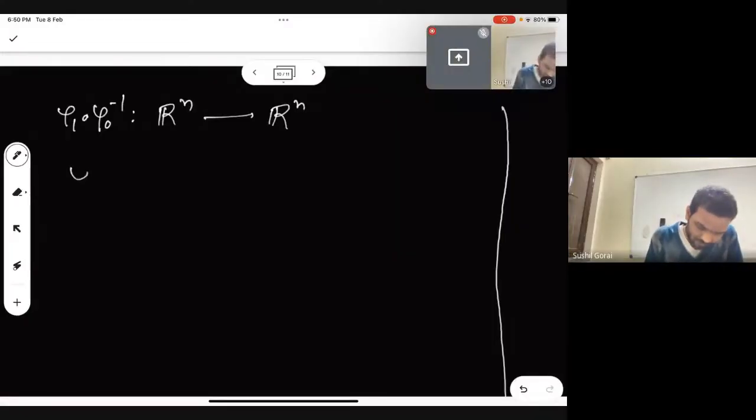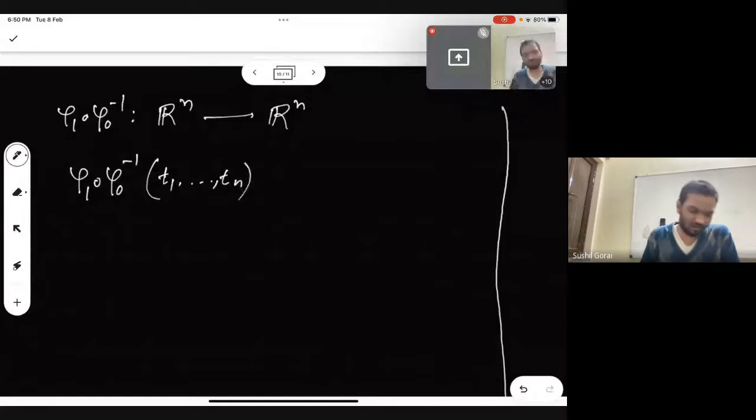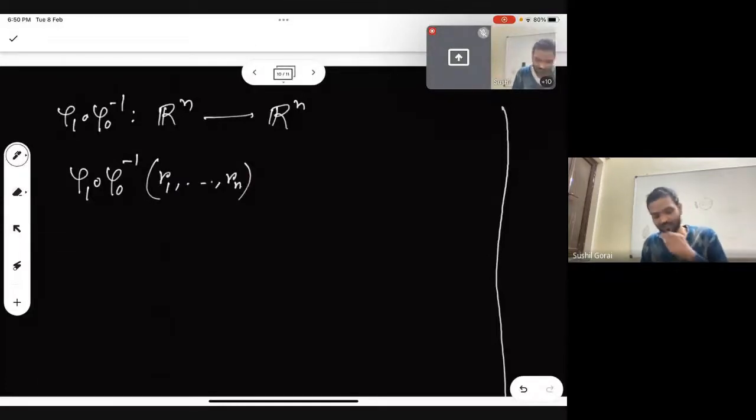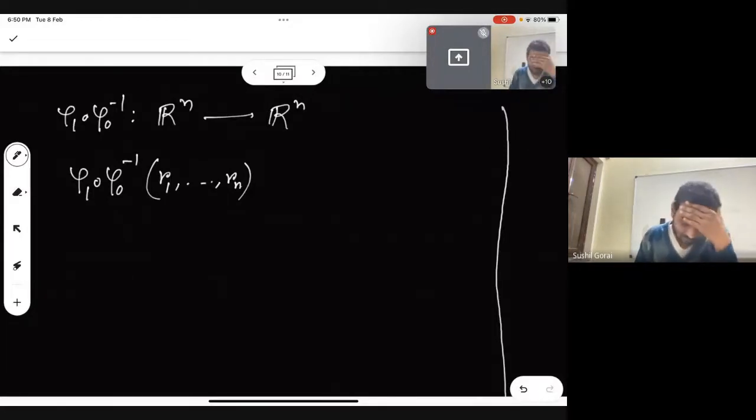Now you want to look at phi1 compose phi naught inverse, let's say R1, R2, Rn. I made again this superscript to subscript. It looks like I'm more habituated to the subscript than superscript.